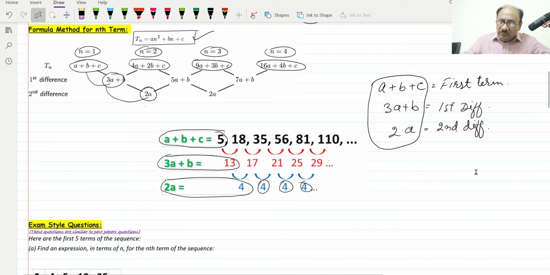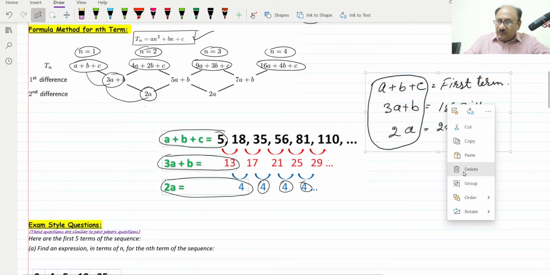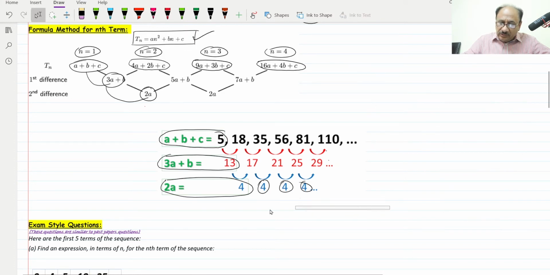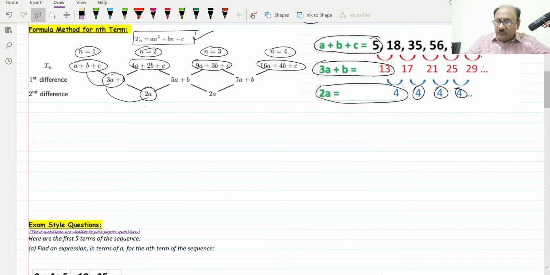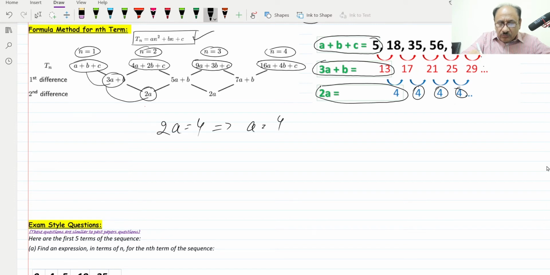So how will we simultaneously solve these equations? I will take this question which I have copied over here. I will move it over here and we will solve this one. For example, 2a is equal to 4. This implies a is equal to 4 over 2, which is equal to 2.